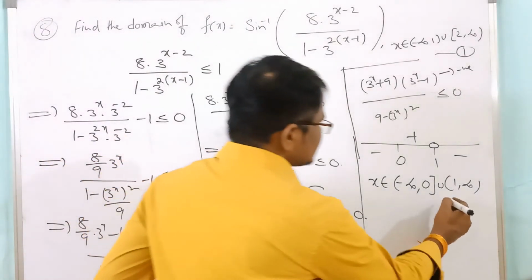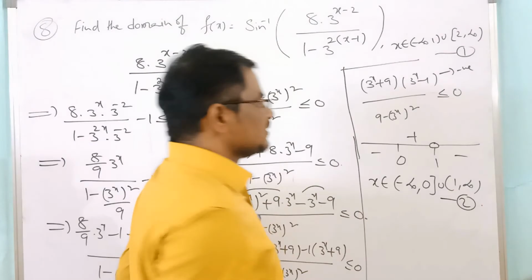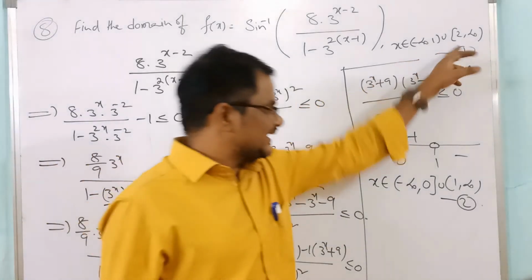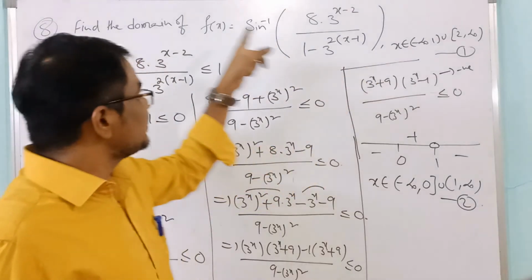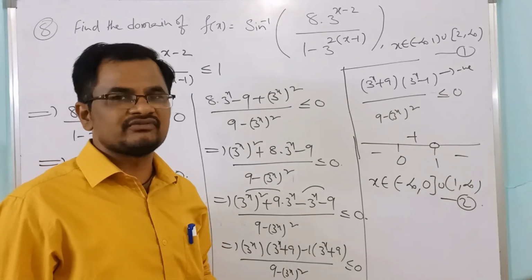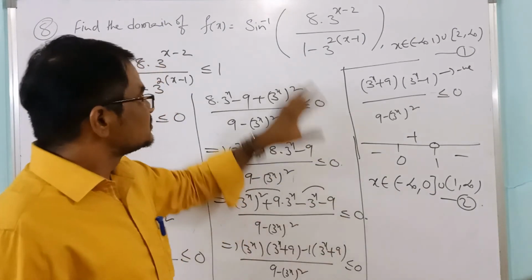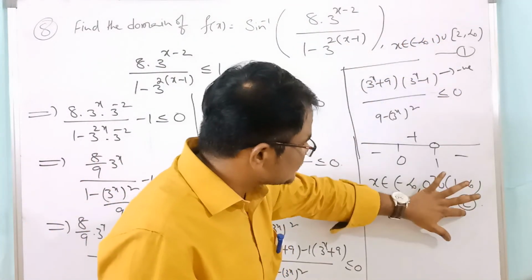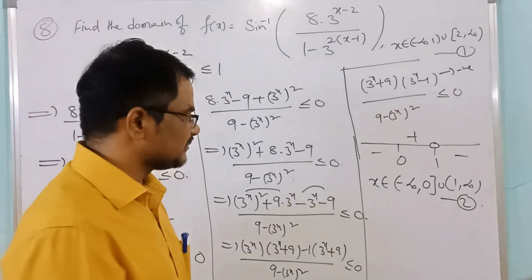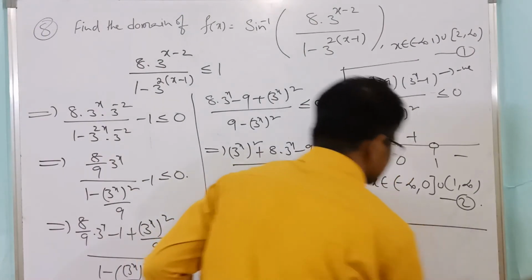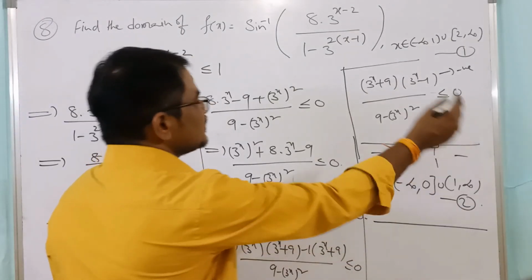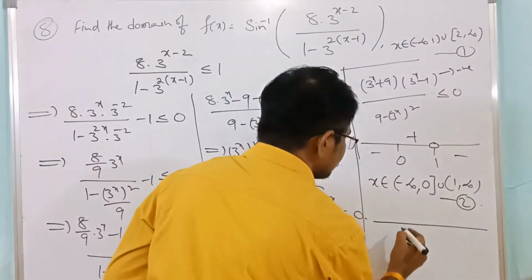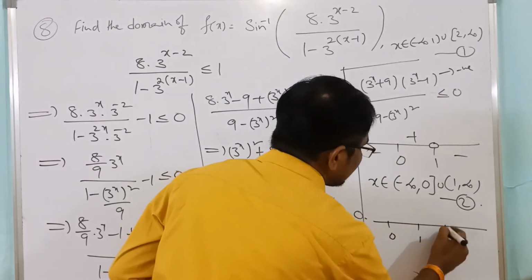Now this is equation number 2. So if you take 1 intersection 2, then we get the required domain of the given function, right? So for this, what we have to do? This one and this one you take on the real number line again. So like this: 0, 1 and 2.